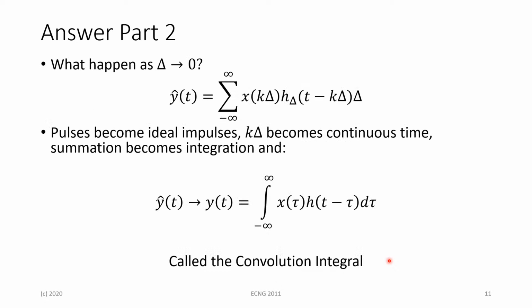Now, in order to approach the convolution integral using a real life example, remember the reason why we have k delta is that we're using this as the actual physical width of the rectangles that we just saw that represent our impulse signals. So capital delta represents the width of those rectangular signals.